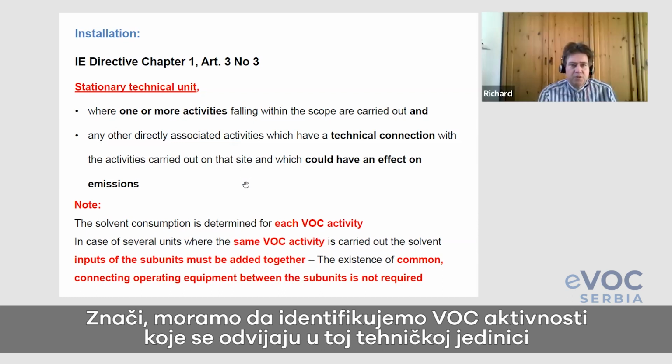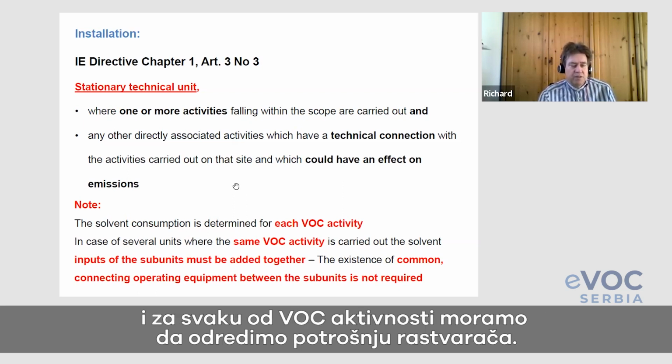So what we have to do, we have to identify the VOC activities that will be carried out on this technical unit. And for each of the VOC activities, we must determine the solvent consumption.